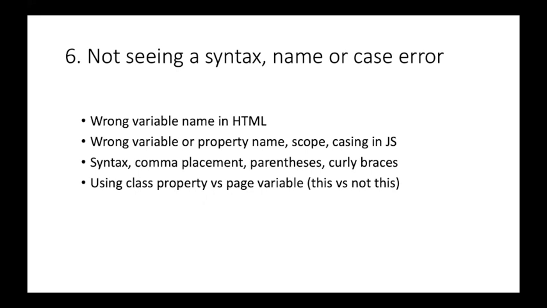If the syntax is wrong, if the comma is wrong, the parentheses are in the wrong place, or even the curly braces, you can have issues. You may declare the scope wrong, or pass a parameter to the wrong function. And if you don't access a class property with this, then you could be pulling a variable from the page, or you won't get any kind of warning and you'll just have an undefined variable.